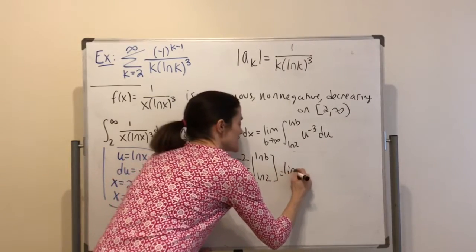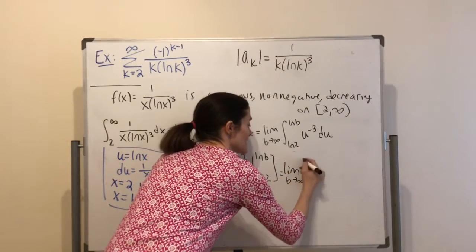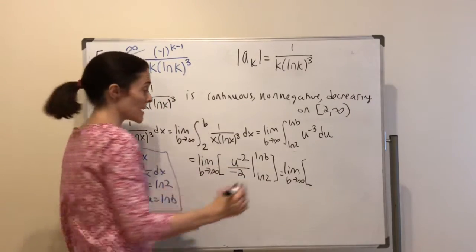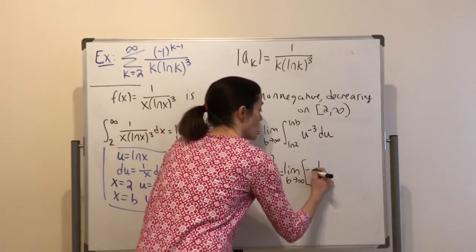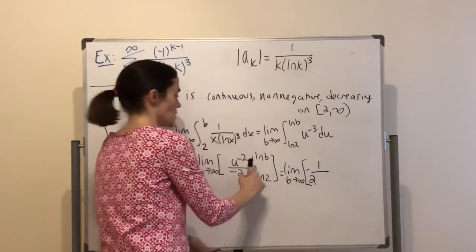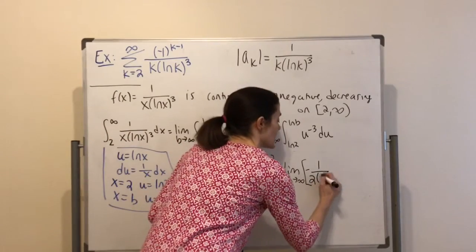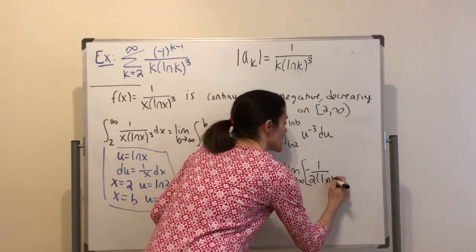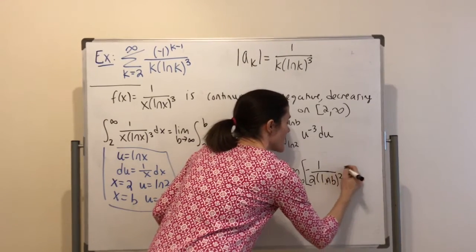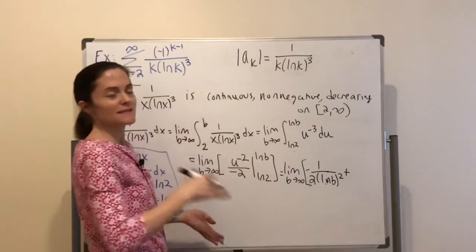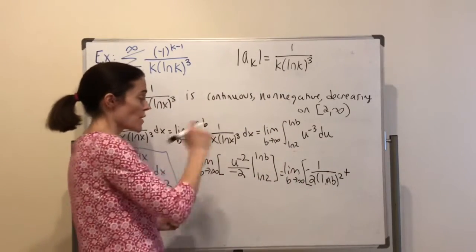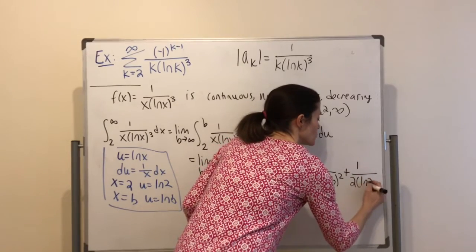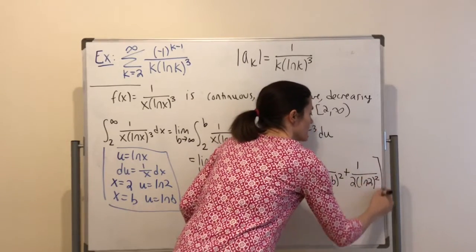This is a limit as b goes to infinity of, well, this is really a squared in the denominator, so this is going to be negative 1 over 2 (ln b) squared, and then minus the minus, so plus 1 over 2 (ln 2) squared.